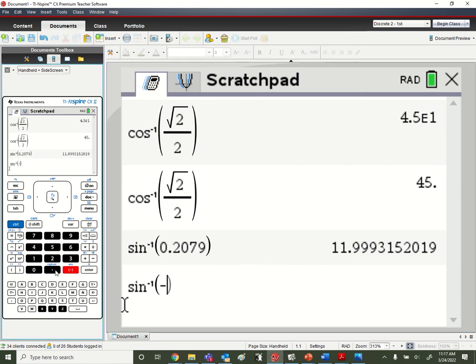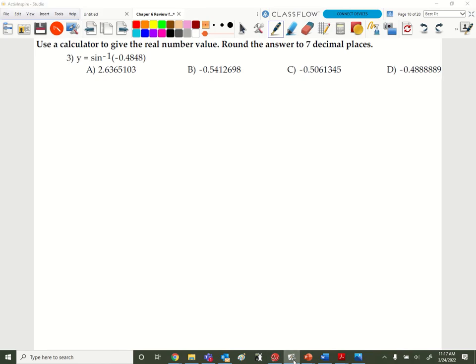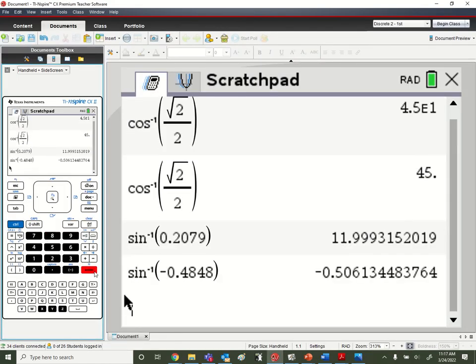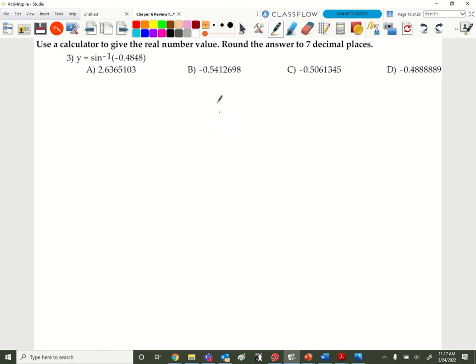Make sure I write that right. So inverse sine, and hit enter. There we go. Negative 0.5061. Not that one. This one right here, 5061. So my answer is going to be C here.